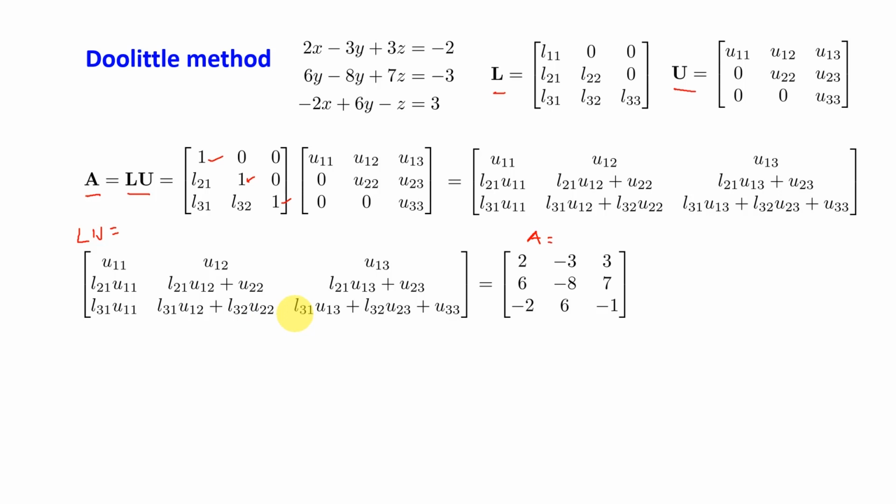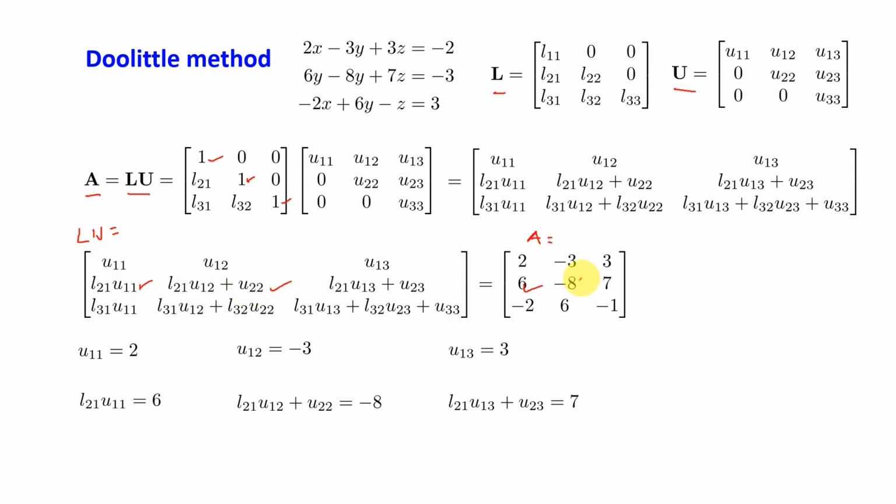So let us first write the equations. From the top row we have U11, U12, U13 will be equal to 2, minus 3 and 3 respectively. This is very easy. Then in the second row we again equate: L21 U11 equals 6, L21 U12 plus U22 equals minus 8, etc. Similarly, from the bottom row we have L31 U11 equals minus 2, and then the remaining 2 terms.